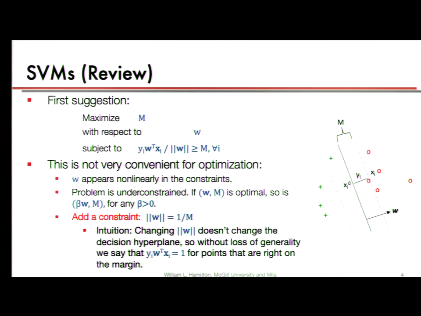So what we did was we added a constraint. We're free to set the magnitude, the norm of our weight vector to whatever we want, so we're going to presume now, to make our model more constrained, that the magnitude of our weight vector is actually what's determining the size of the margin.